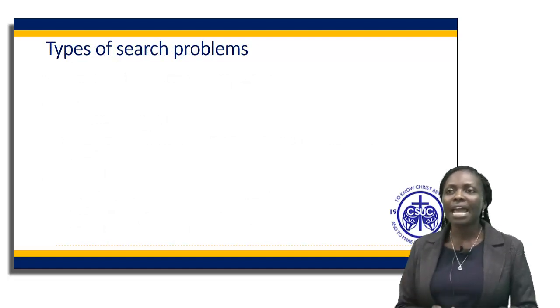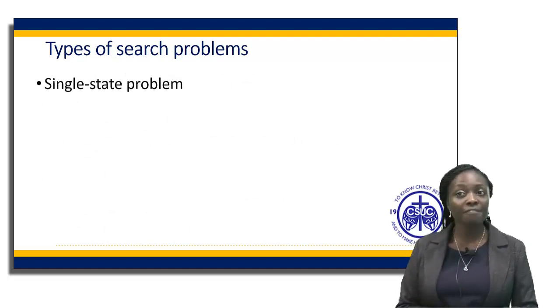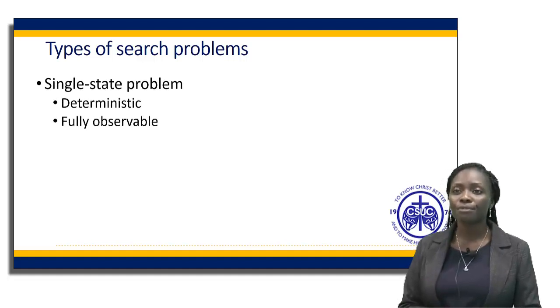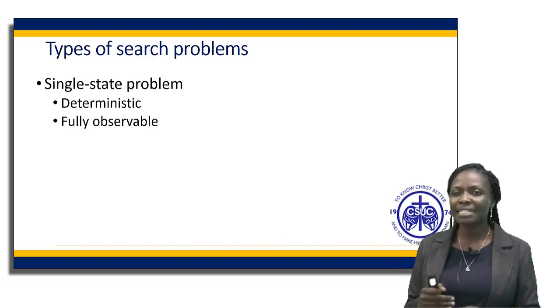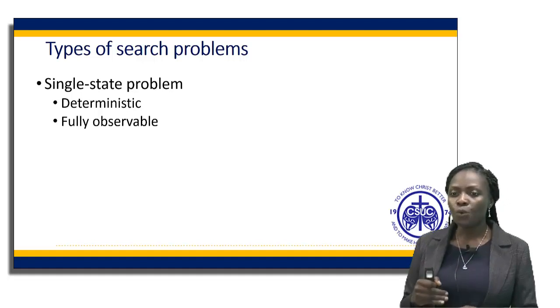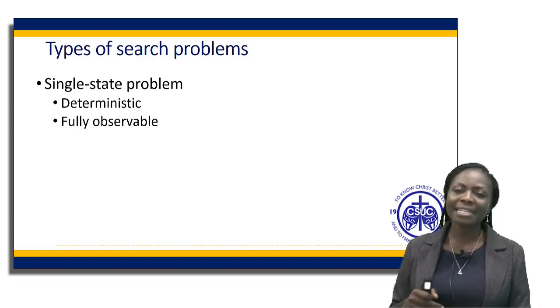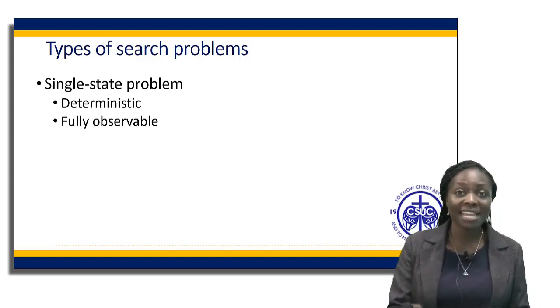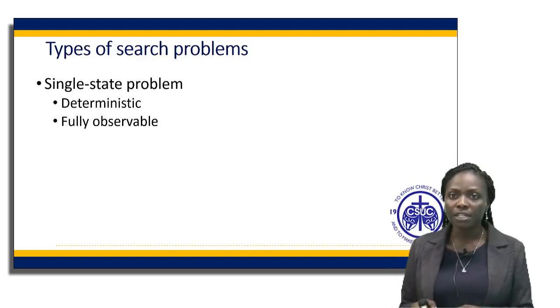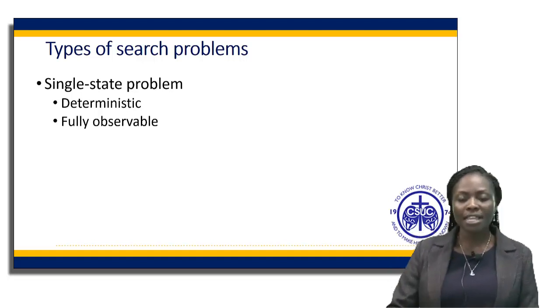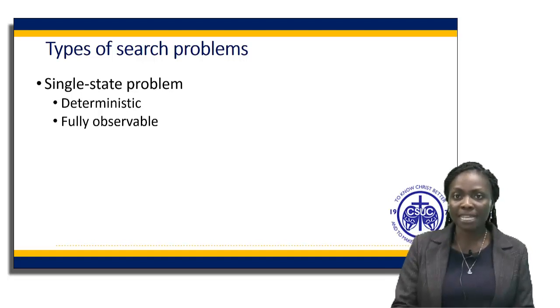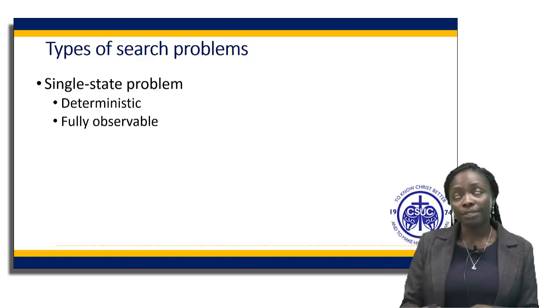Now we have the types of search problems. We have the single state problem. We say that a single state problem is deterministic in that we can determine exactly how the problem will be like after we have made one move. So when you make one move, the next state of the problem can be known.